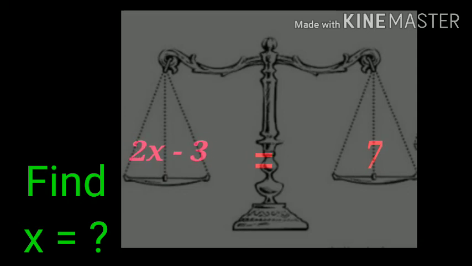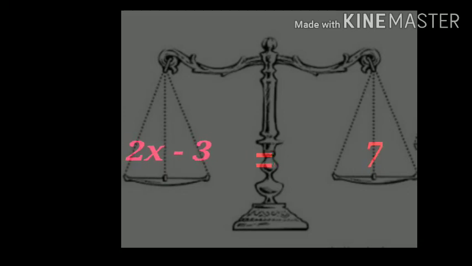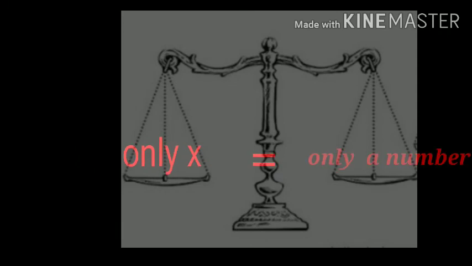So how can I solve it? First of all, you should keep some points in mind. Keep in your mind what your aim is. Your aim is to be left with only x on the left side and only a number on the other side, right?